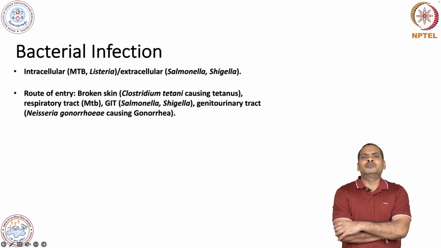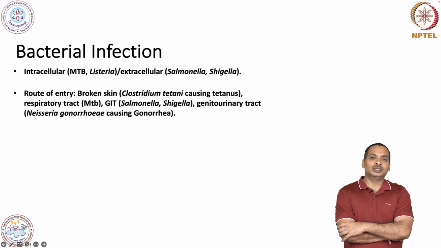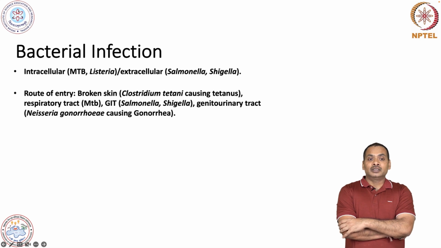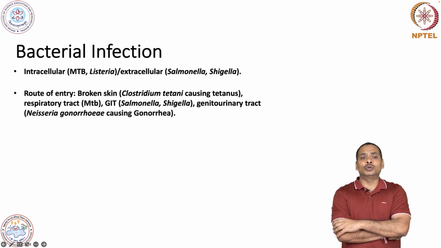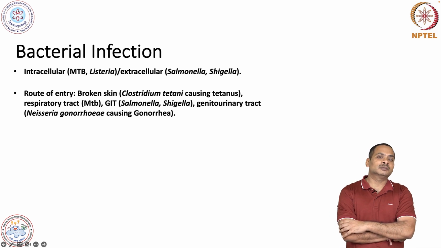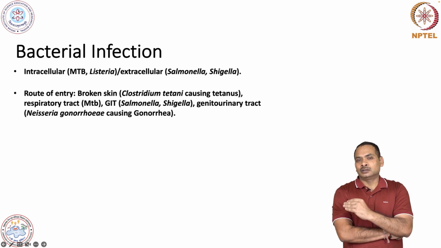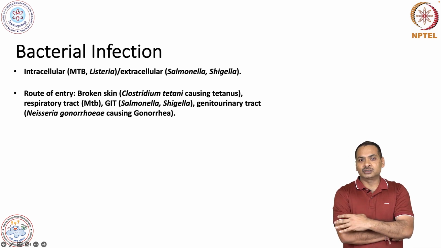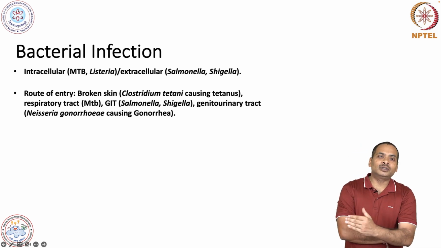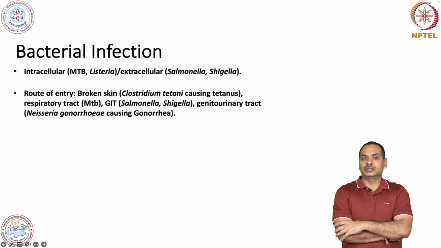There could be multiple routes of infection, as you are probably very well aware. The infection could enter through broken skin. Broken skin means if there is some wound or bruise, then through that route the infection can go.